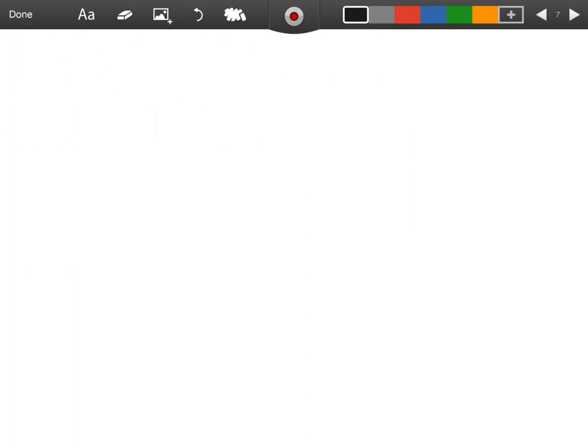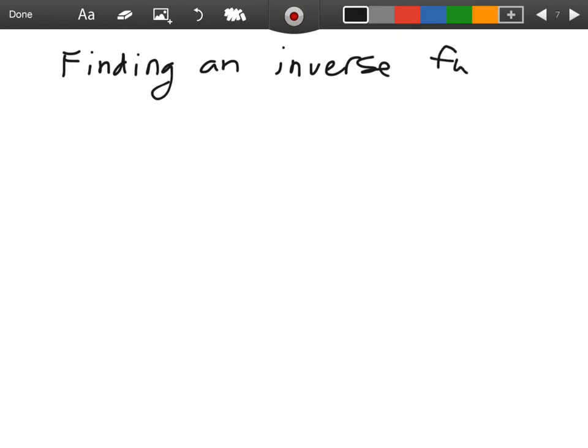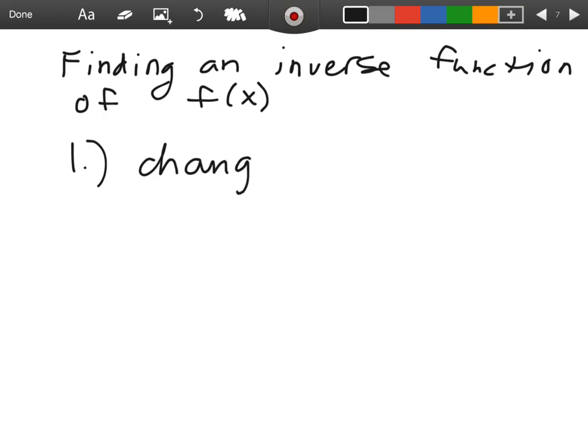Now what if I'm given a function? Four simple steps. Step 1 is change f of x to y.